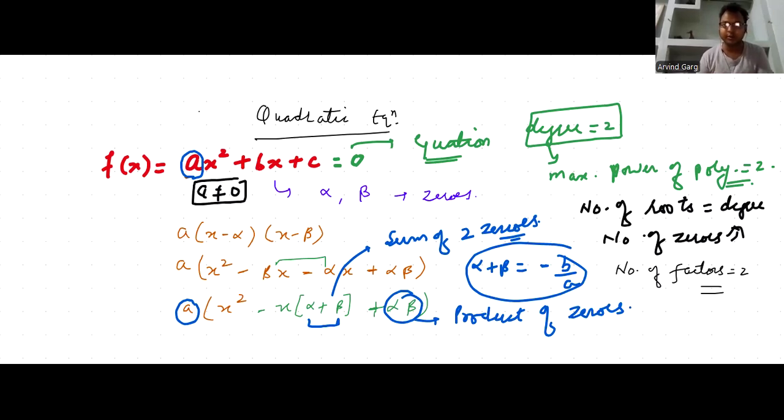All right. Now moving to the next. So now, for example, if we have a general ax square plus bx plus c equals to 0, we can say this is a general polynomial or general equation. Now let us discuss the graphs.